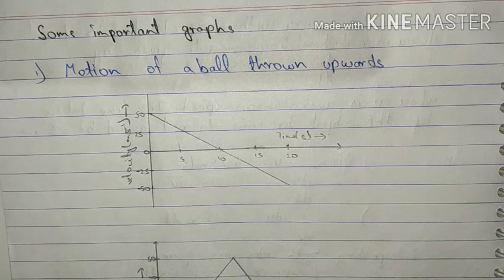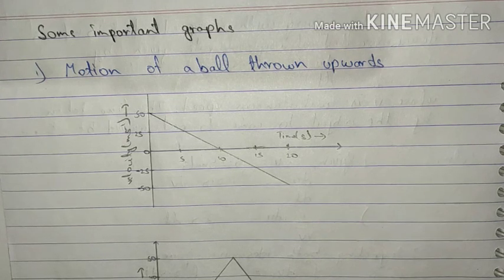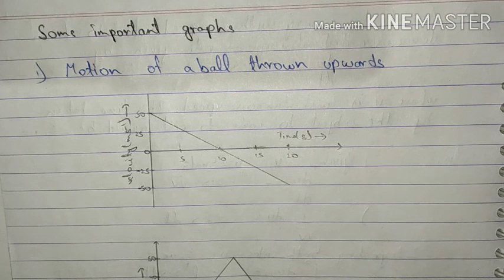You all know that as the ball keeps on moving upwards, its velocity keeps on decreasing. It starts to become slower and slower, and ultimately it reaches a point when its velocity becomes 0. This point is the maximum height of the ball. What will happen after this time?